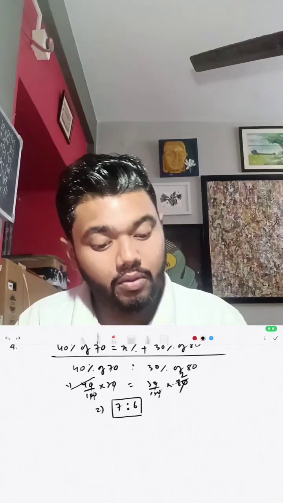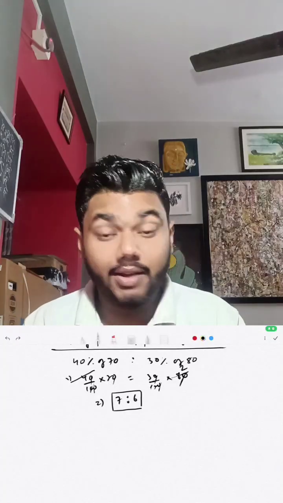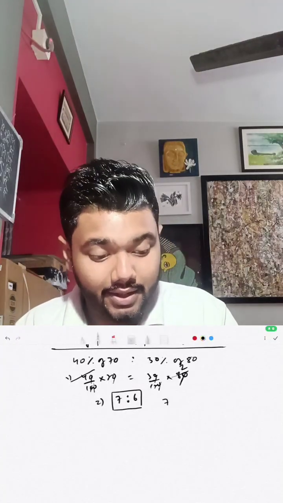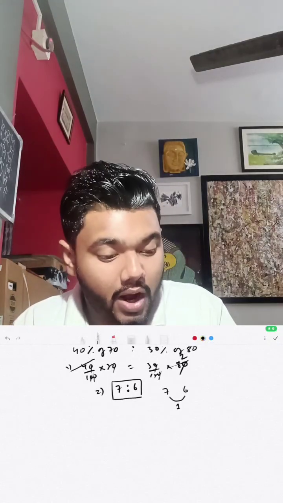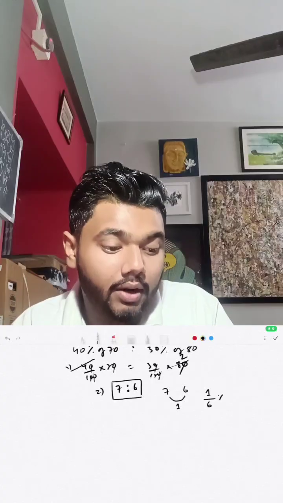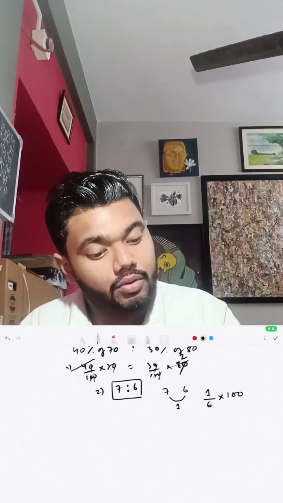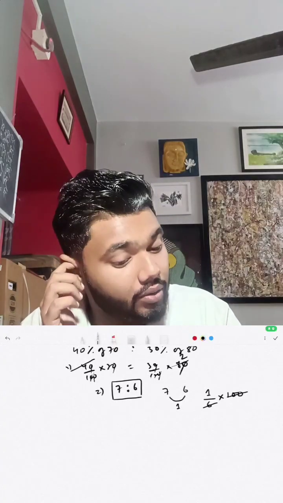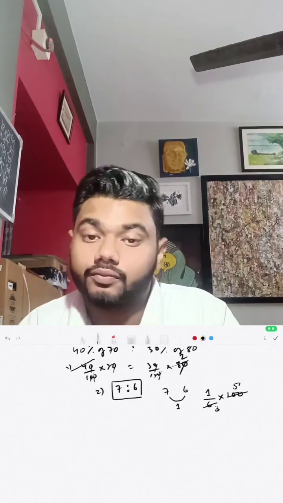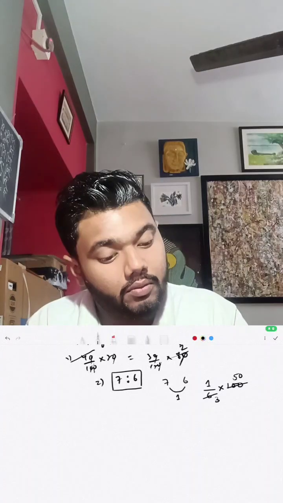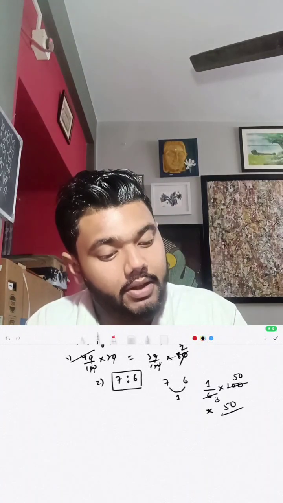Then we will take the difference. 7 and 6, the difference is 1, right? So 1 by 6 into 100 we will do, right? So with 3, with 2 we will get 2, and 50, right? So 50 divided by 3.